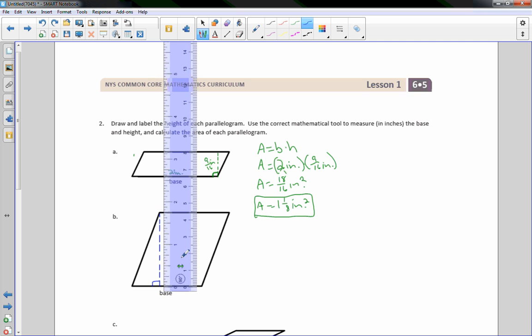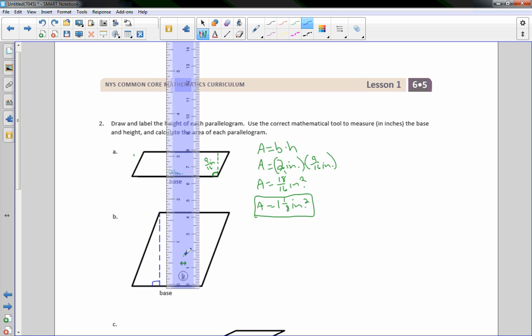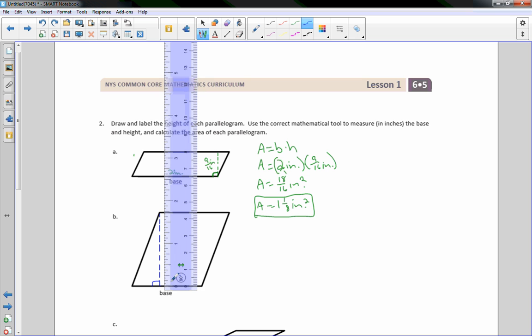And now I'm going to move my ruler so that my 0 is right on the side line, right here. And that is 1 1/2 is here. And these are 16, so there's 9, 10, 11, about 1 11 sixteenths inches.